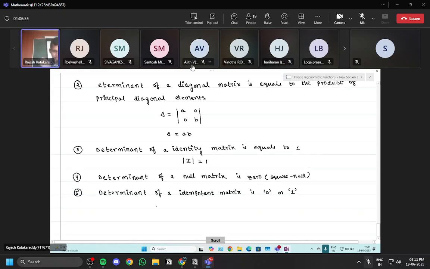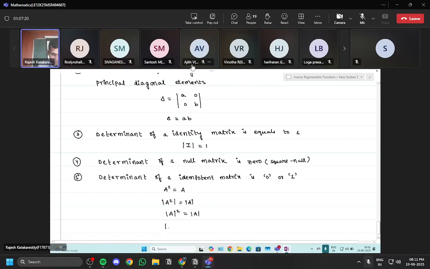We know that for an idempotent matrix, A square is equals to A. Taking determinant on both sides, determinant of A square is equals determinant of A. So using the property of determinant, determinant of A whole square is equals determinant of A. Rearranging this, determinant of A whole square minus determinant of A is equals to 0.